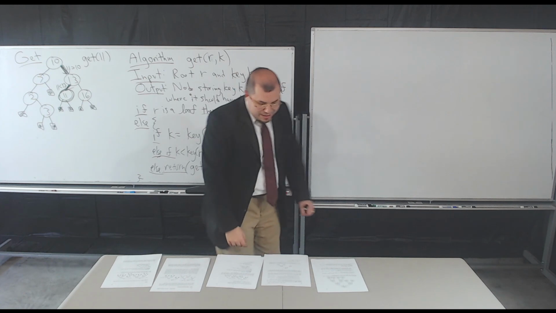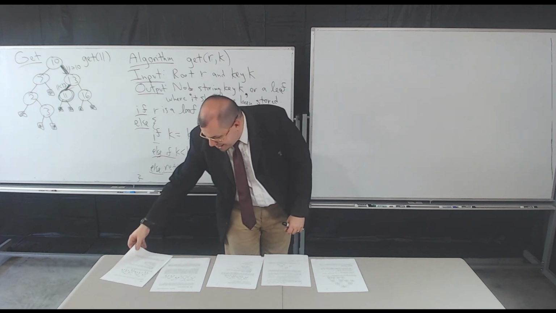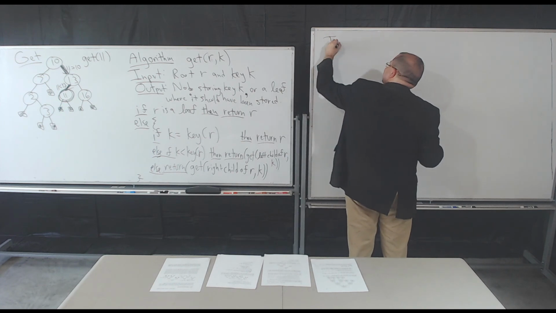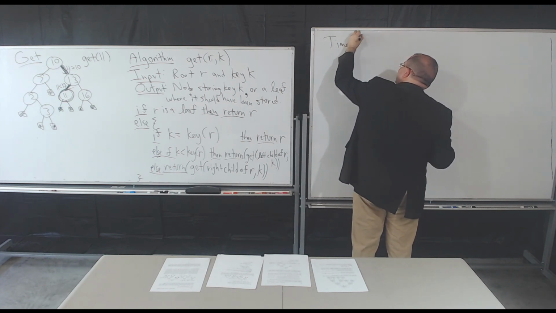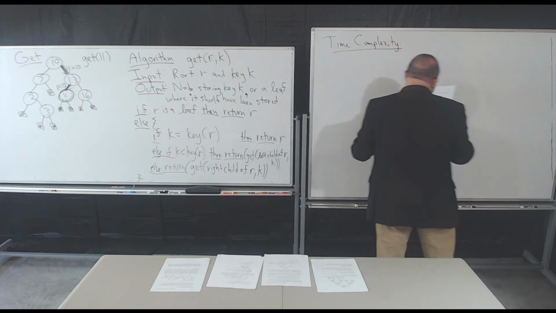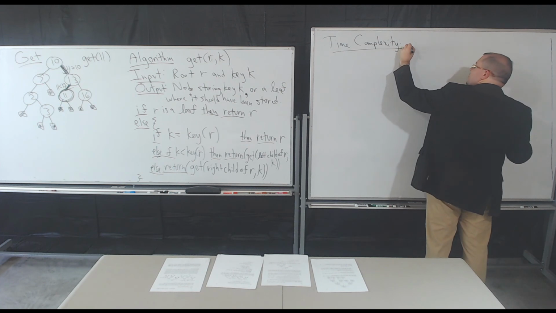You might naturally ask, what's the time complexity of get? You'd probably be able to guess it without me really needing to say a whole lot, but I'll do so anyways. What's a worst case scenario here?